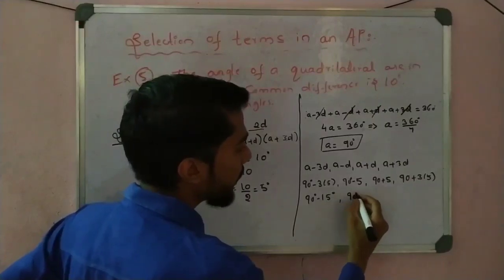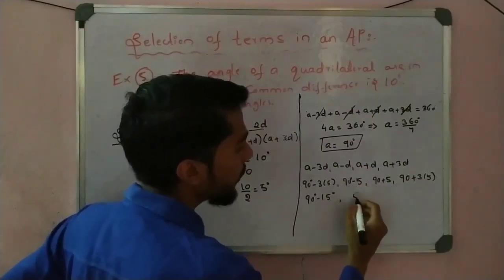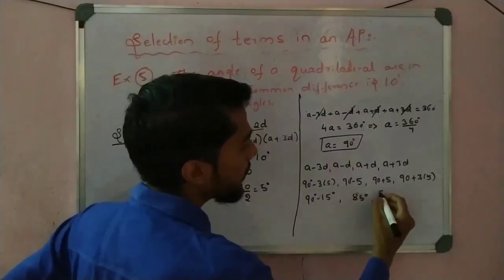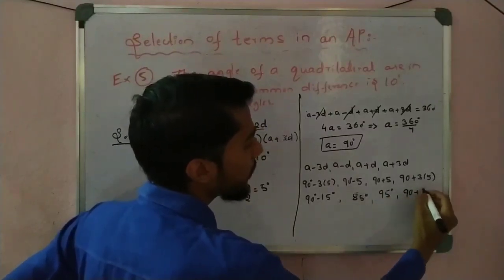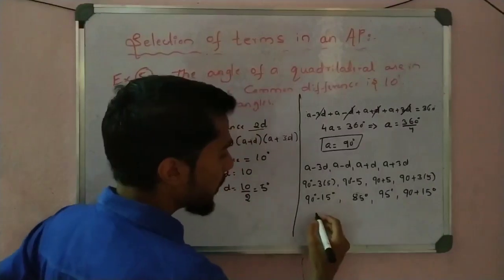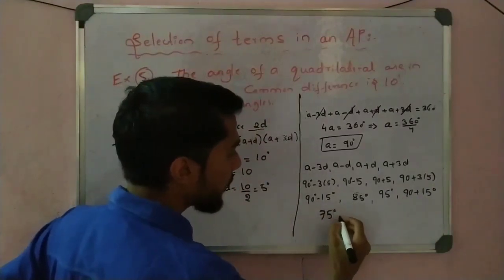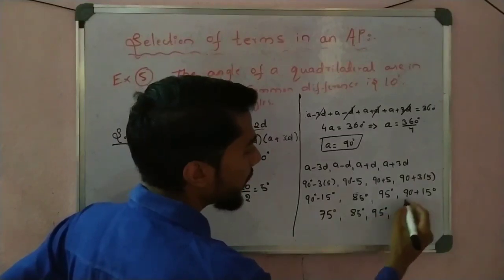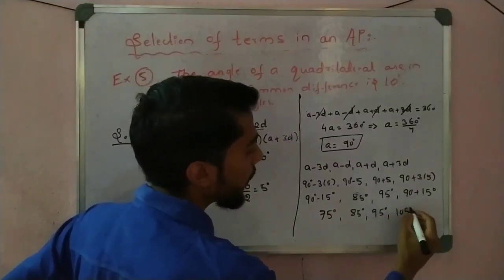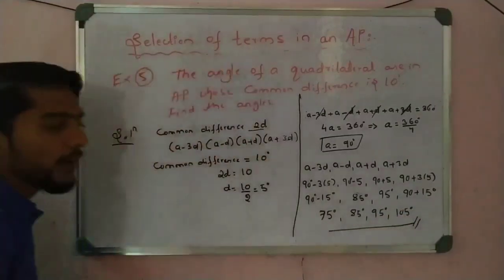So 90 minus 15 is 75 degrees, 90 minus 5 is 85 degrees, 95 degrees, and 90 plus 15 is 105 degrees. So these are the 4 angles of a quadrilateral.